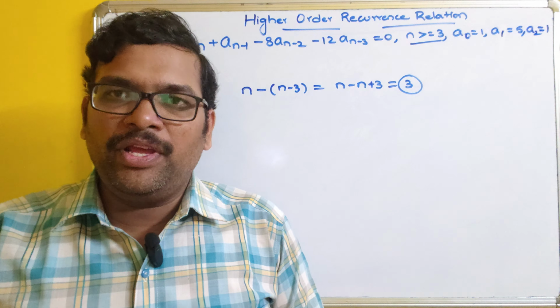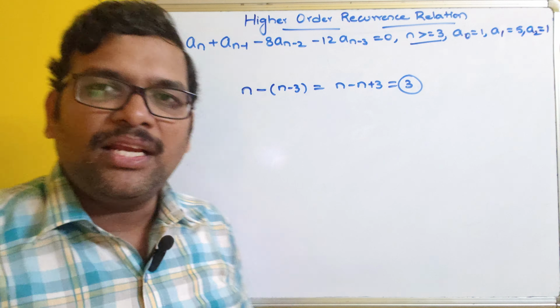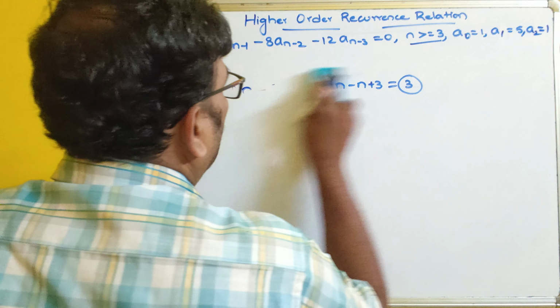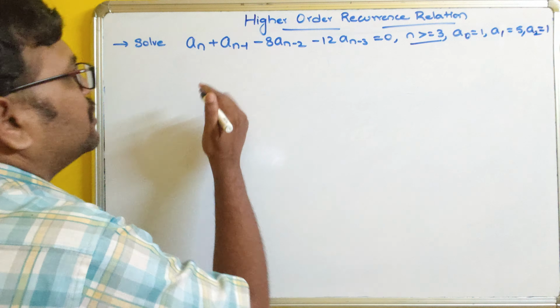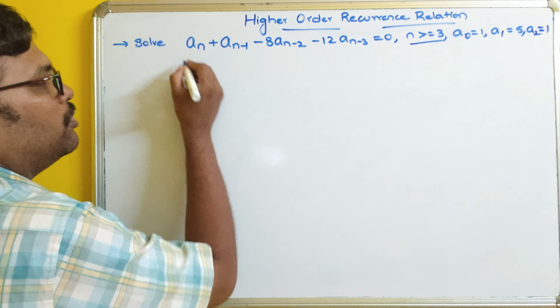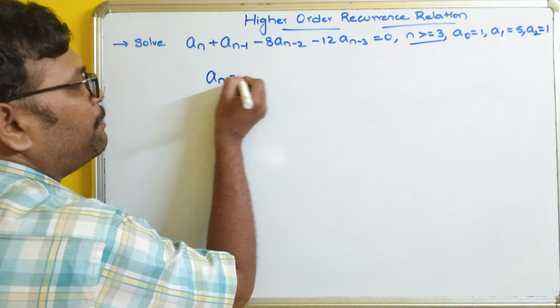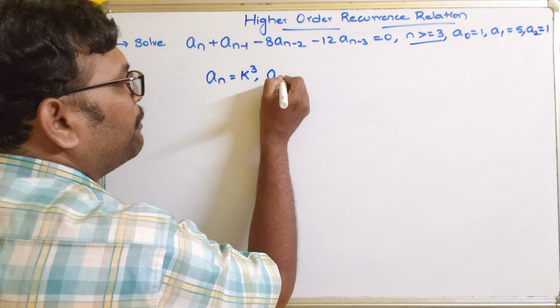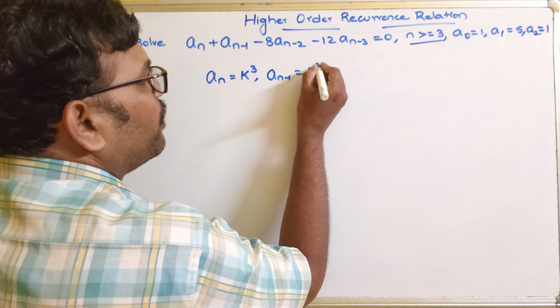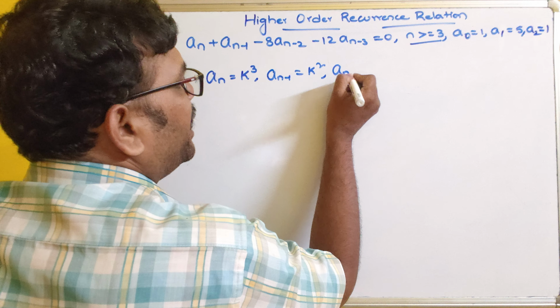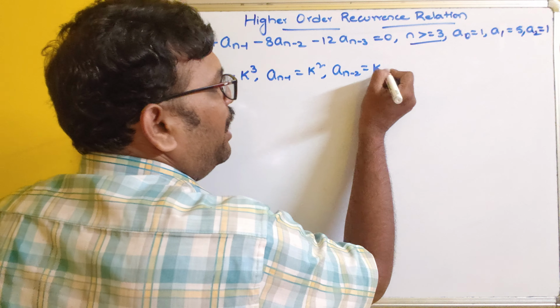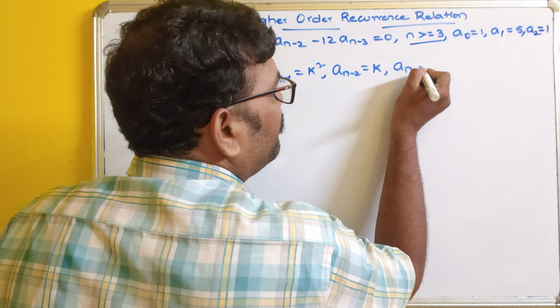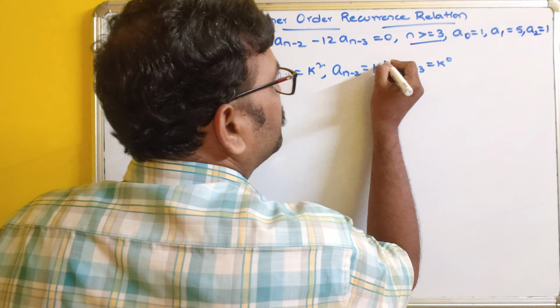Now the next step, we need to form the auxiliary equation. So here what we have to do, a_n should be replaced with k cube, a_(n-1) with k square, a_(n-2) with k, and a_(n-3) with k power 0.